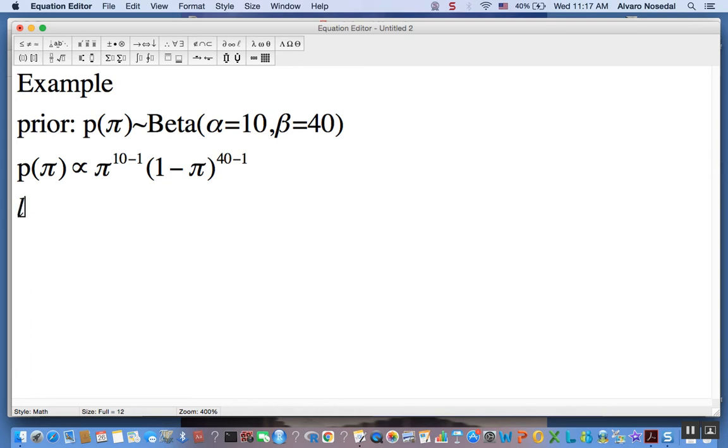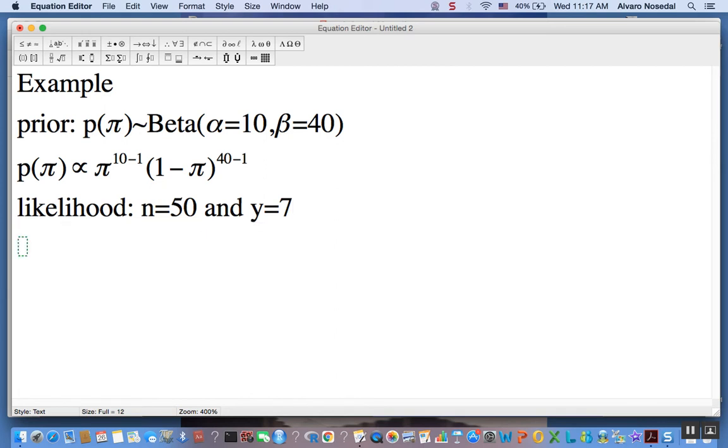Now, likelihood. In that case we had information about a sample of size 50, and we observed 7 successes. Y was equal to 7.